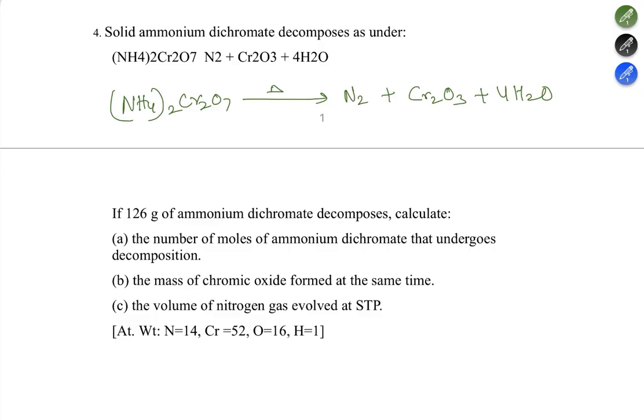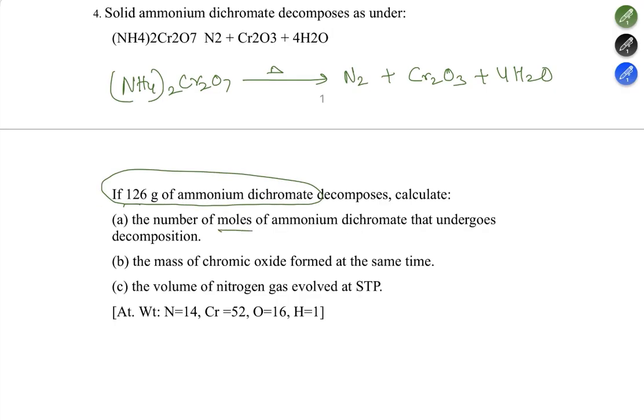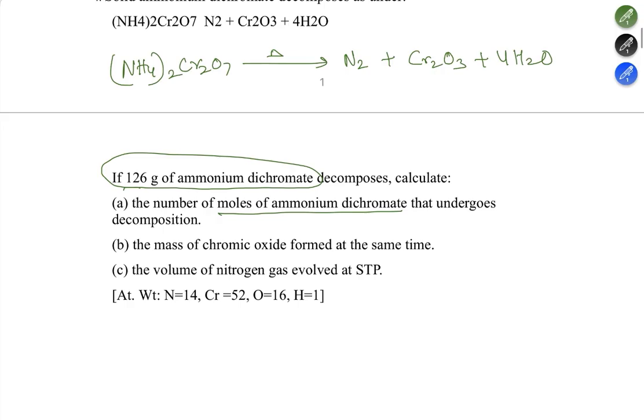Now let's look at the question: what values they have given, what quantities, and what you have to calculate. They have given the mass of ammonium dichromate, and they are asking the number of moles of ammonium dichromate that undergoes the reaction. Now this is a very direct question. They are asking for the same compound. The mass of ammonium dichromate is given as 126 gram, and for the same compound they are asking the moles.